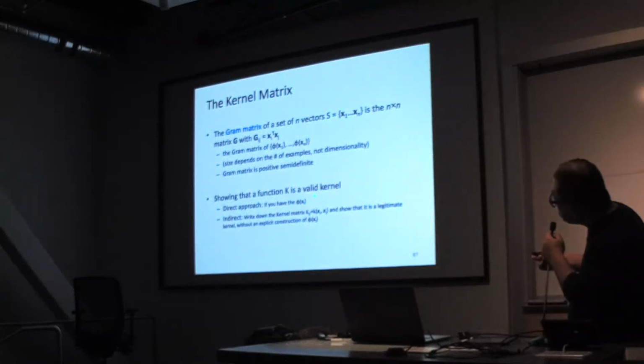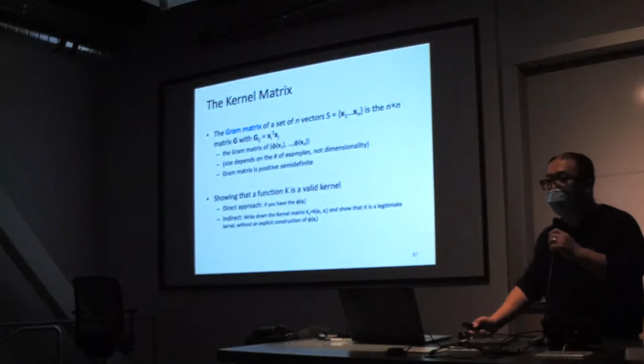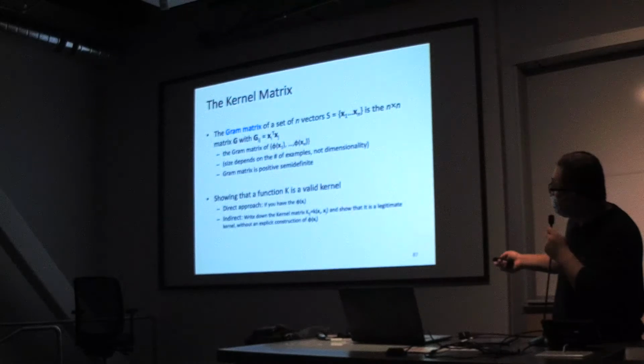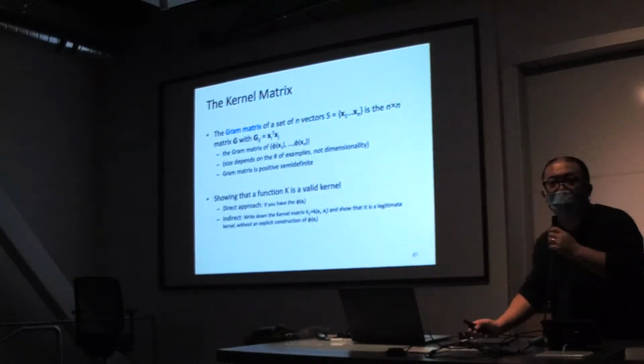If you can show that your kernel matrix constructed from k is also positive semi-definite, then it means that your kernel matrix is a Gram matrix, and then your function k is a valid kernel.